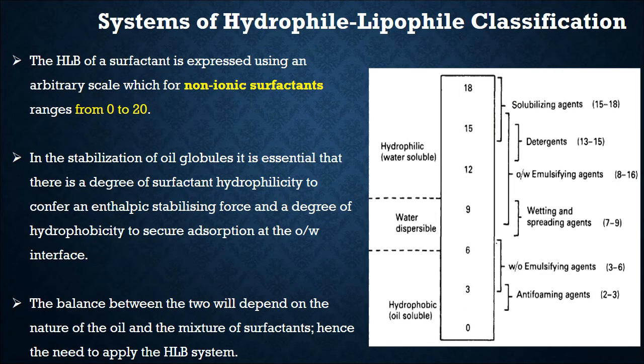The HLB of a surfactant is expressed using an arbitrary scale, which for non-ionic surfactants ranges from 0 to 20. So it is only for non-ionic surfactants. In the stabilization of globules, it is essential that there is a degree of surfactant hydrophilicity to confer an enthalpic stabilizing force and a degree of hydrophobicity to secure adsorption at the oil-water interface.